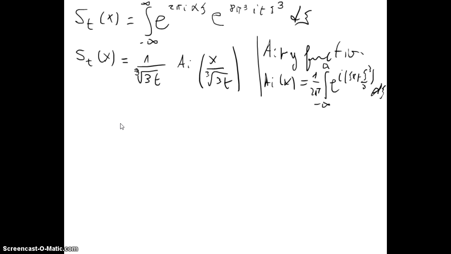Recall that in one of the last videos we talked about the proposition that said that if you had an oscillatory integral of this type, it will be in L infinity.